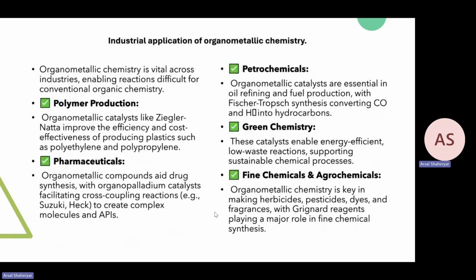Now, here are some of the industrial applications of organometallic chemistry. Organometallic chemistry is vital across industries, enabling reactions difficult for conventional organic chemistry. Polymer production: organometallic catalysts like Ziegler-Natta improve the efficiency and cost effectiveness of producing plastics such as polyethylene and polypropylene.